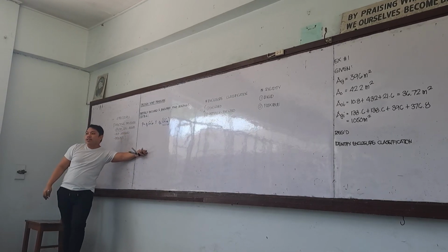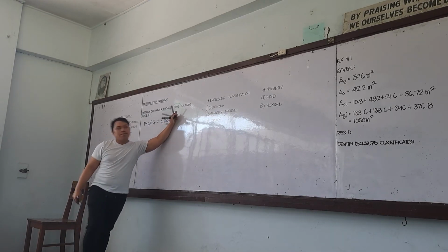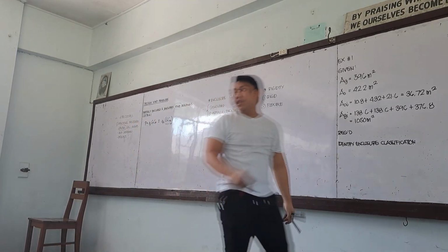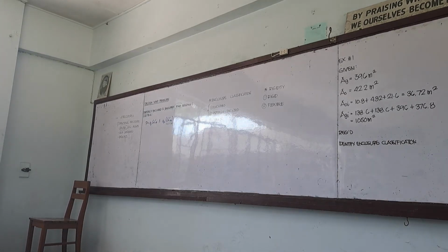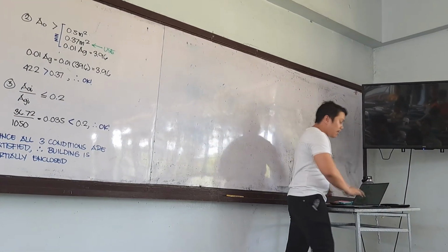07B.4.1, we need to identify if the building is rigid or flexible. So how can we identify if the building is rigid or flexible? I know you will use frequency.